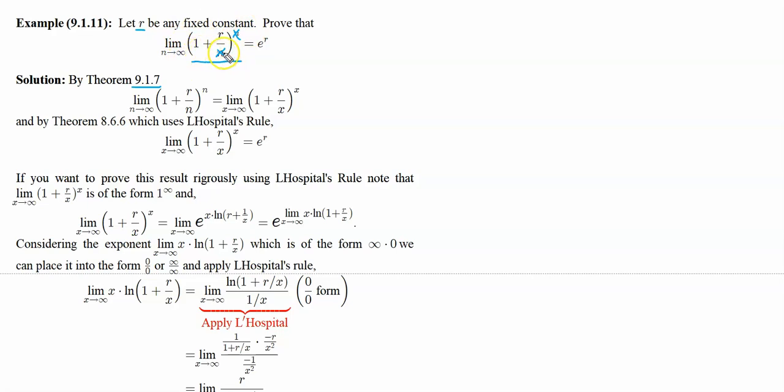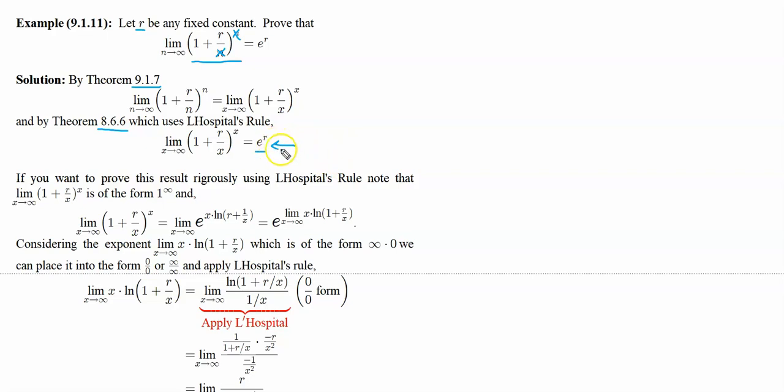If you recall, this looks like a problem we've seen previously with L'Hopital's rule. And so we can simply invoke a previous theorem, 8.6.6, which states that the limit as x approaches infinity of 1 plus r over x to the x power is e to the r. And this was proven back in the section dealing with L'Hopital's rule.